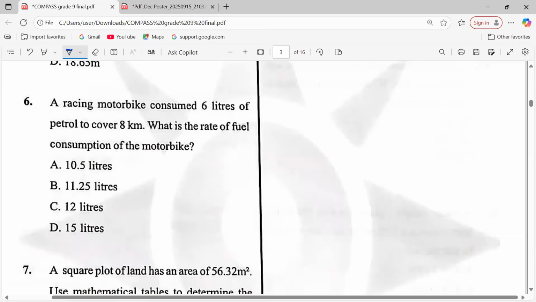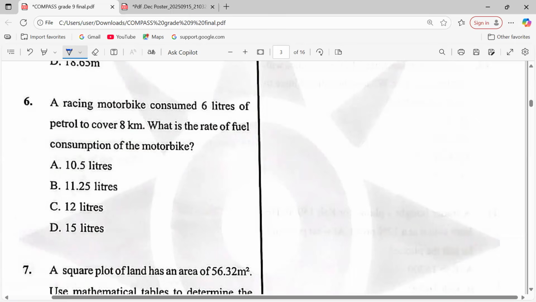We're at number 6. A racing motorbike consumed 6 liters of petrol to cover 8 kilometers. What is the rate of fuel consumption of the motorbike? Remember, when we talk about fuel, and we have the kilometers being covered, we have the fuel being consumed, the only aspect of rate that can come through here is about the distance being covered.